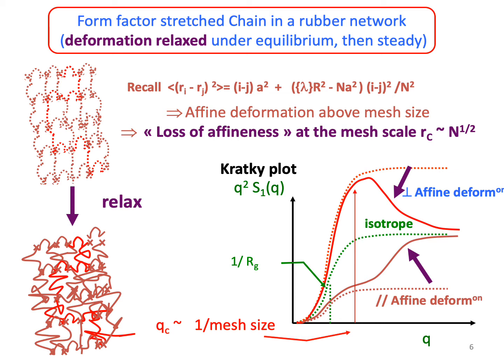Meanwhile, at large Q, you see a plateau because you have the multiplication of Q squared by the 1 over Q squared decay of the scattering of the Gaussian chain with a fractal dimension 2.